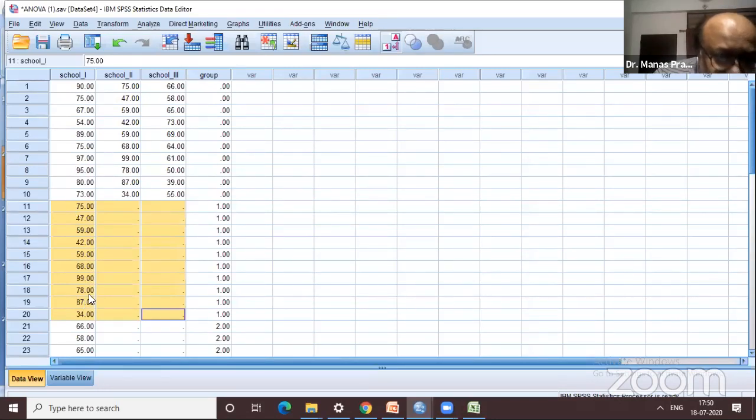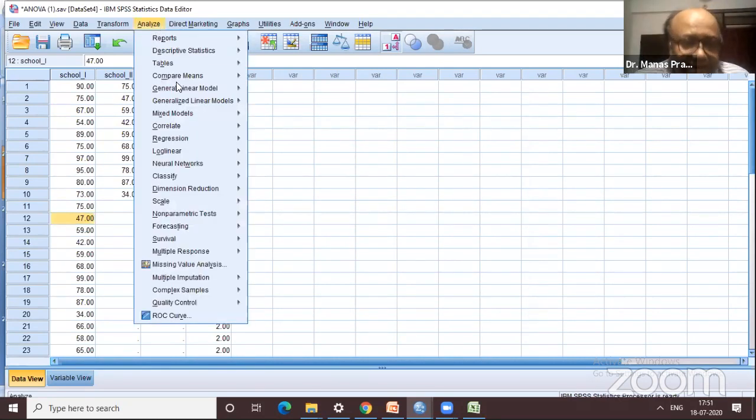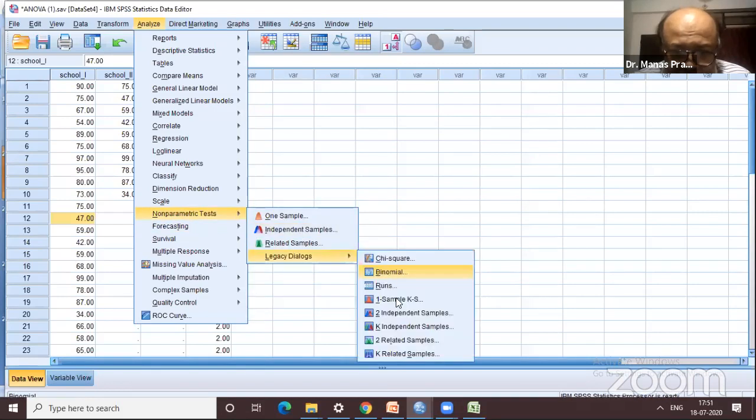For that, I have to first arrange the data in this pattern. First, I have to put all the values in one column, and to identify, I have to give a factor variable. 0 means first school, 1 means second school, 2 means third school. Then we go to analyze, non-parametric statistics, legacy dialog, then K independent samples.